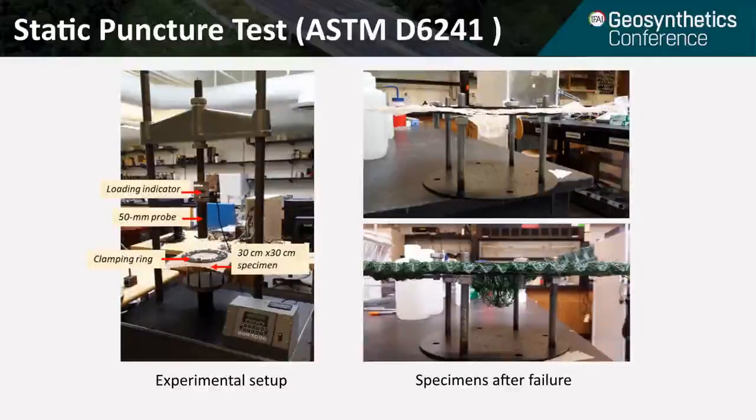The specimens were loaded at a speed of 50 mm per minute until failure occurred. Load displacement data are recorded every 2 seconds during the loading, and the puncture strengths are read directly from the load displacement curve. The figures on the right show the specimens after failure.